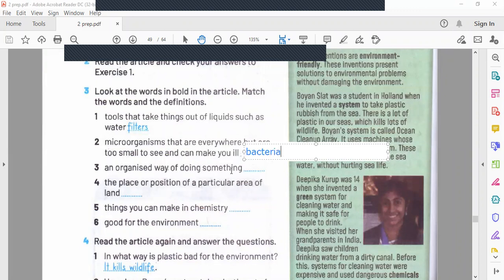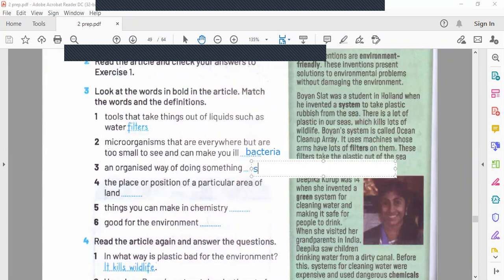Three, an organized way of doing something. Yes, system. The word system from the text. The place or position of a practical area or land. Yes, location.